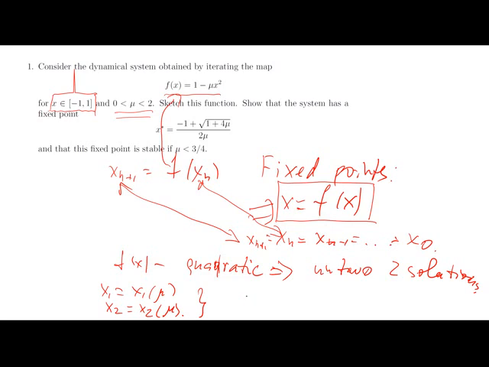So you will check whether x1 and/or x2 are in this domain, -1 to 1, when mu is between 0 and 2. So it's a technical problem, and you're supposed to do this.